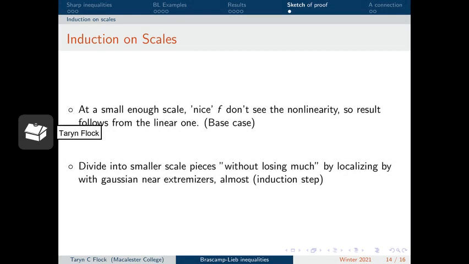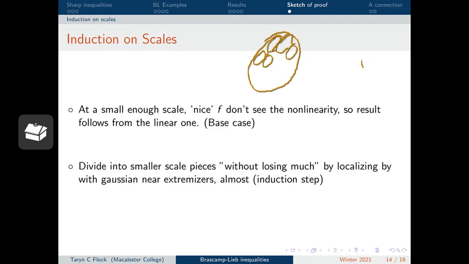So how does the proof go? The fundamental idea of the proof is induction on scales. If I assume that my function is approximately constant at some small scale, then the function won't see the nonlinearity, and so I can have an estimate on that small neighborhood just from the linear estimate. Our goal is to understand a whole neighborhood by dividing into smaller scale pieces without losing too much.